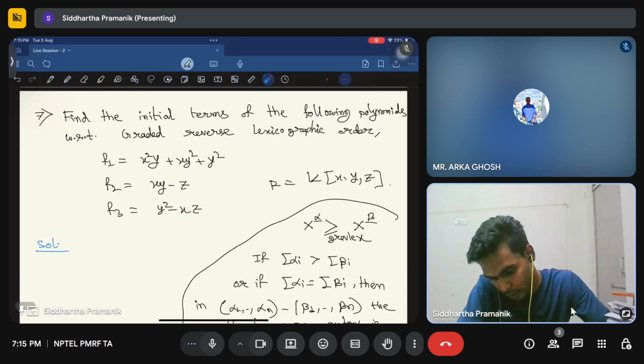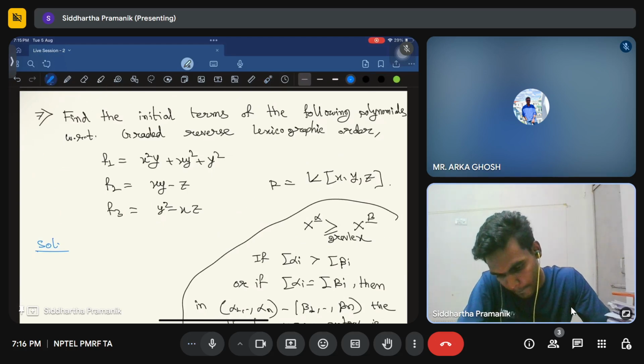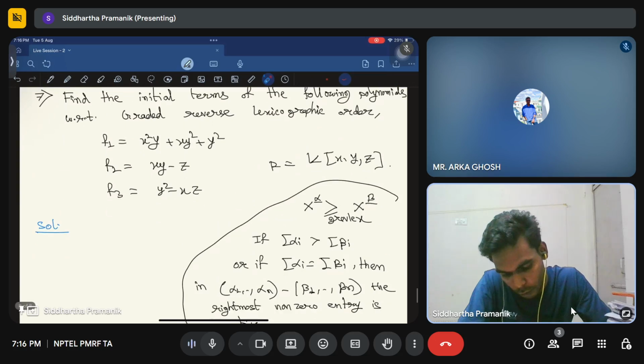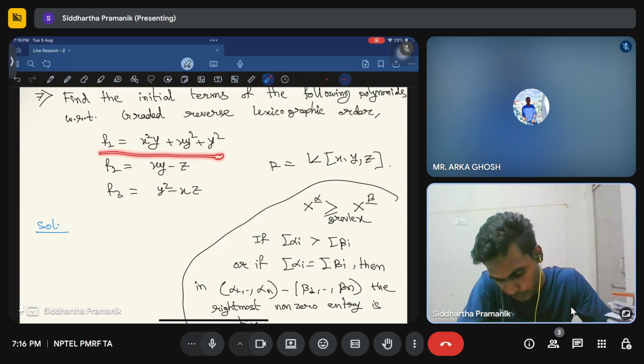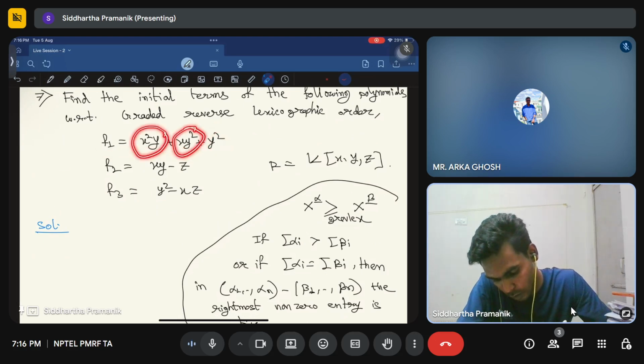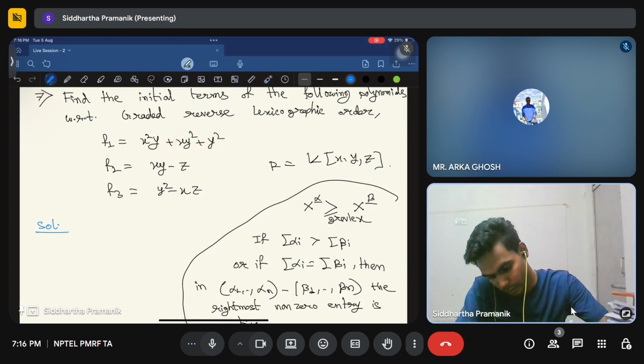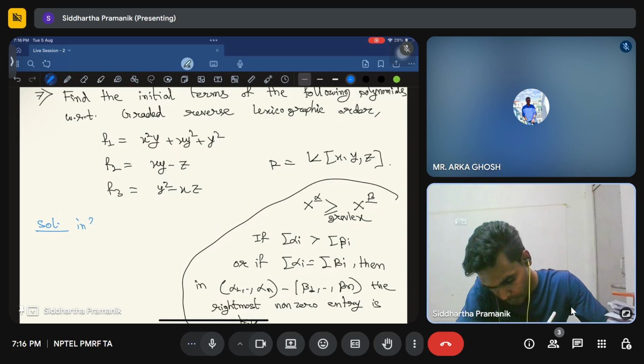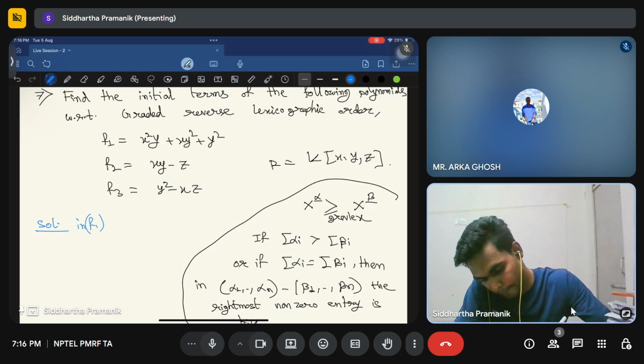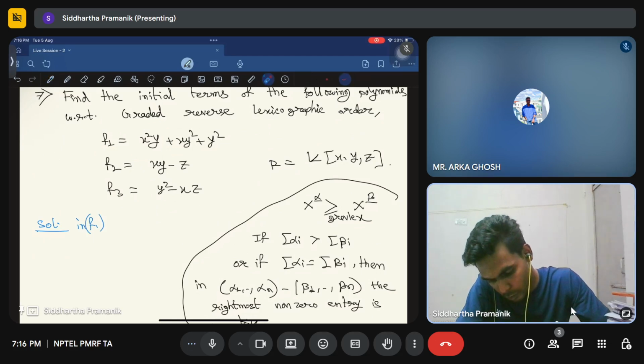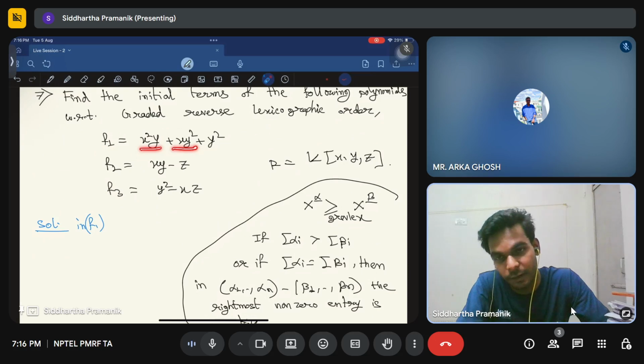So here we need to check by these things. First we need to check the total degree. Let's try for f1. The total degree of y square is 2 and the total degree of these two terms is 3. So definitely the initial term must be either this one or this one. The total degrees are the same, so we need to check the difference vector.